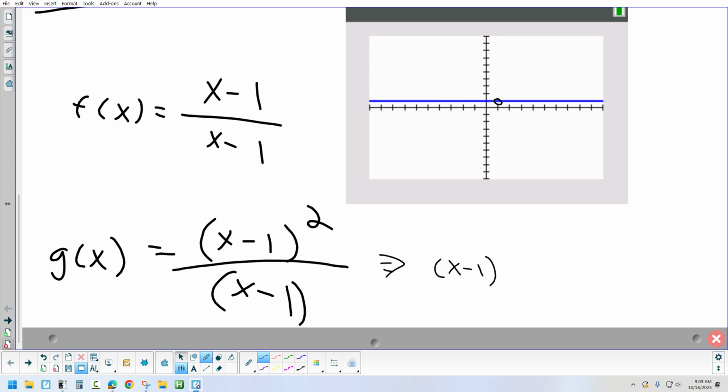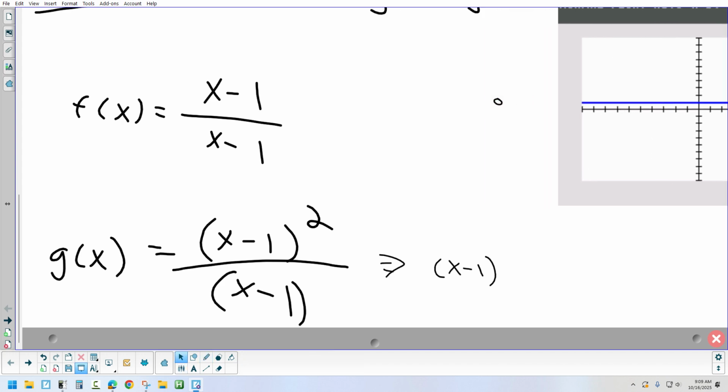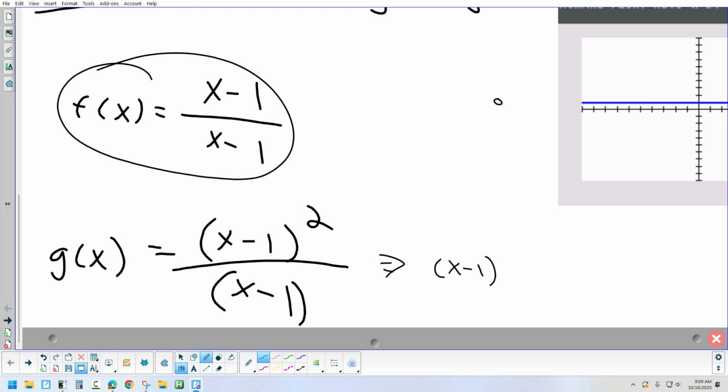And let's say that I wanted to graph this, but I want to fix the hole in it. So I basically want it to look like y equals x, y equals 1, okay, this top one. Well, if I want to fix the hole, but I still want to use that, I don't want to just say y equals 1. Okay, I want to use what they gave me. Then I could say this.